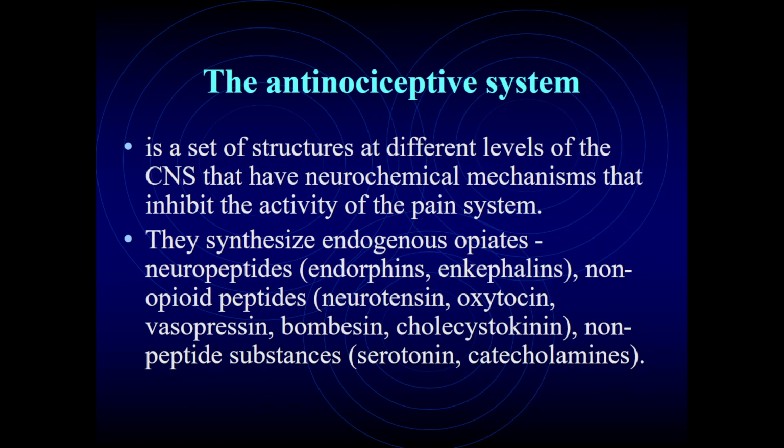In our body, we have the antinociceptive system. What is it? It is a set of structures at different levels of the central nervous system that have neurochemical mechanisms that inhibit the activity of the pain system. These structures include the gelatinous substance of the spinal cord, the reticular formation, meaning the system of descending inhibitory control.